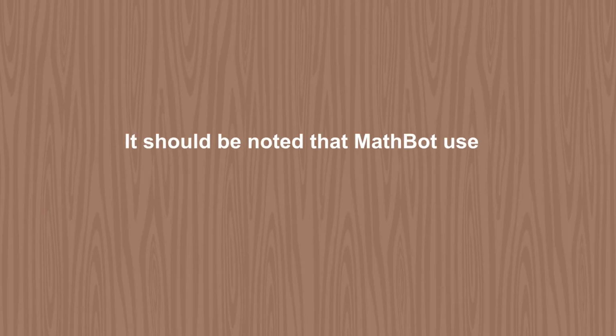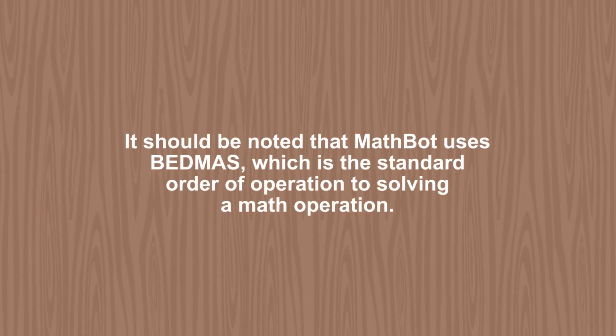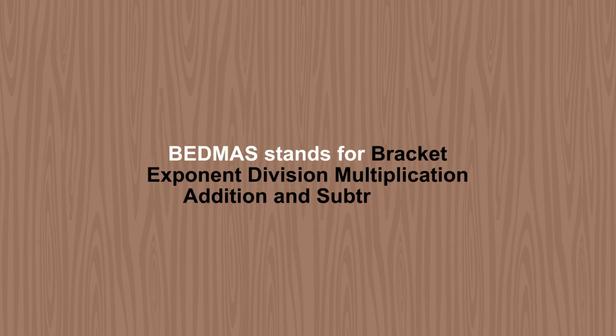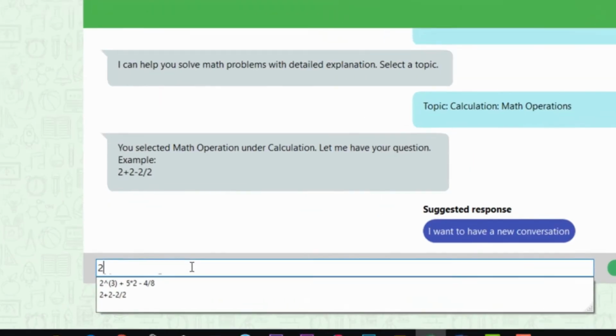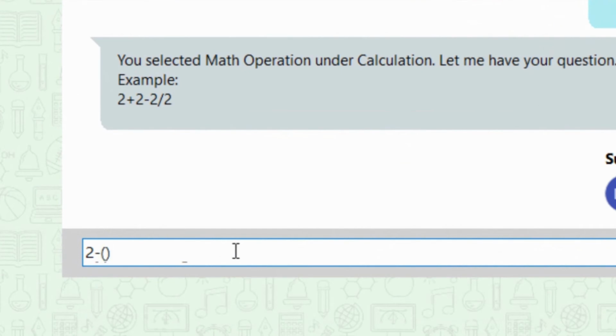It should be noted that MathBot uses BEDMAS, which is the standard order of operation to solving a math operation. BEDMAS stands for brackets, exponent, division, multiplication, addition, and subtraction. Let's explain this with an example.